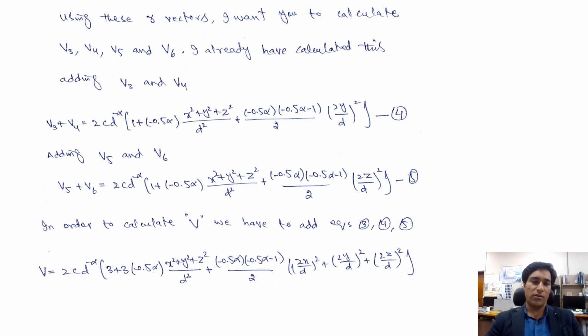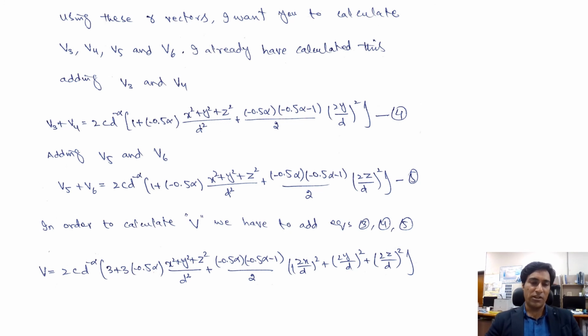So I just added those terms here, and after simplifying I mentioned here 2cd minus a into 3. Why is there a 3? Because in equation 3 the term is 1, in equation 4 the term is 1, and in equation 5 the term is 1. So when we add 1 1 1, it is 3.